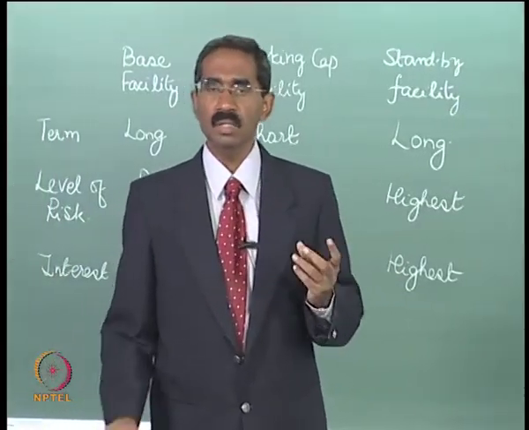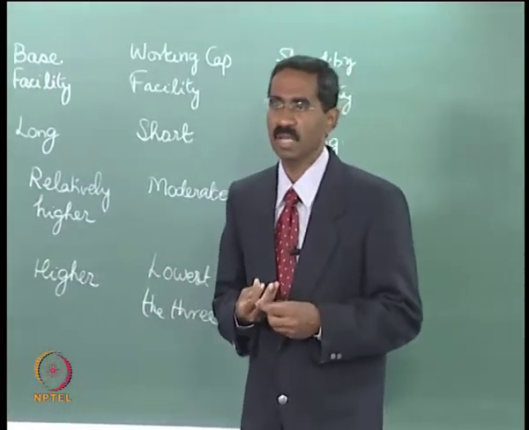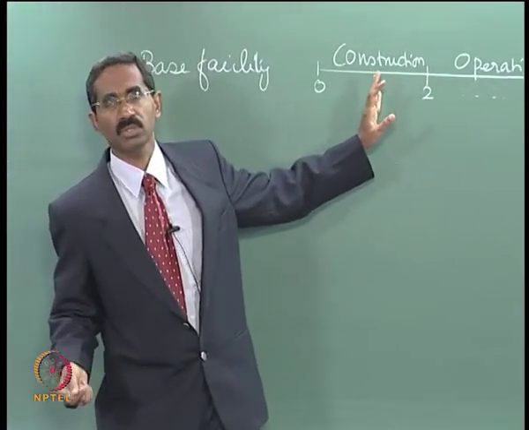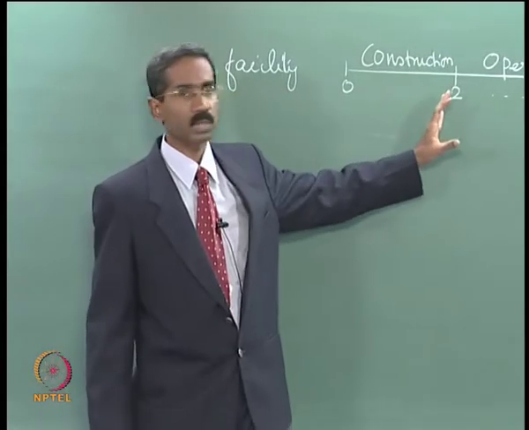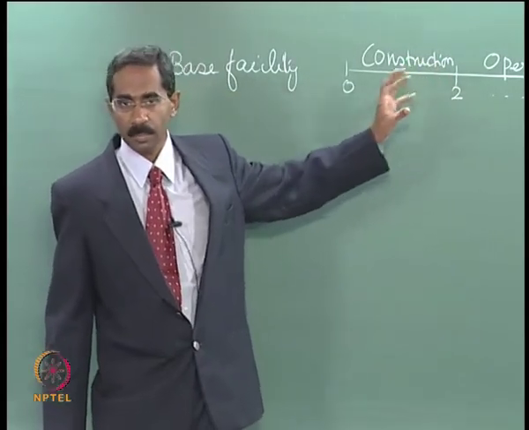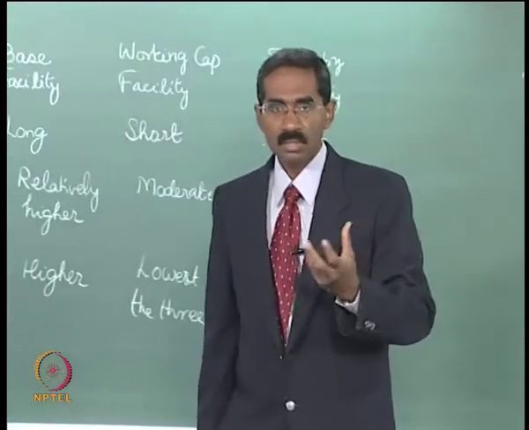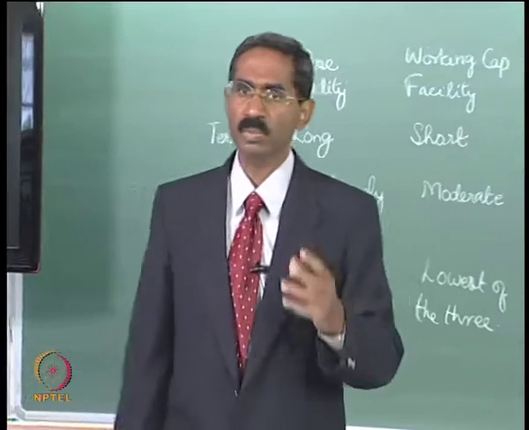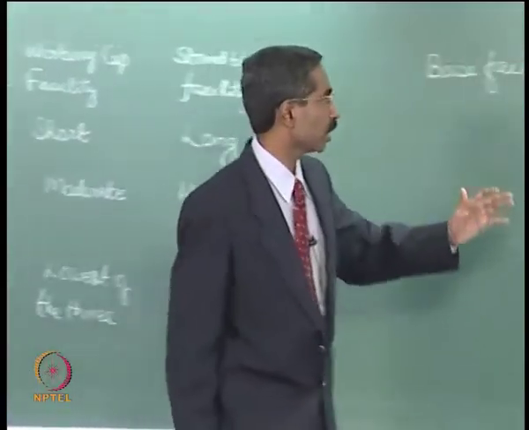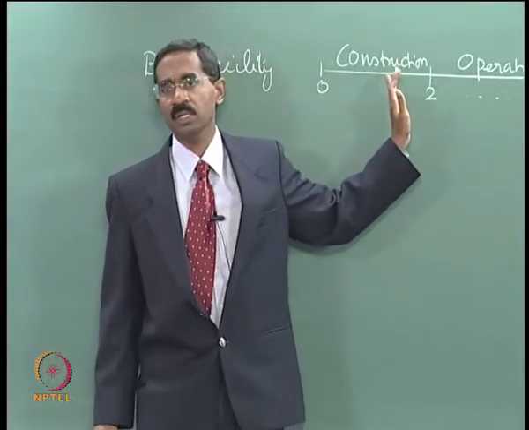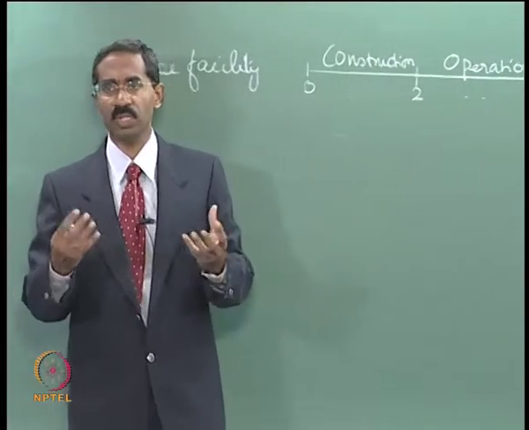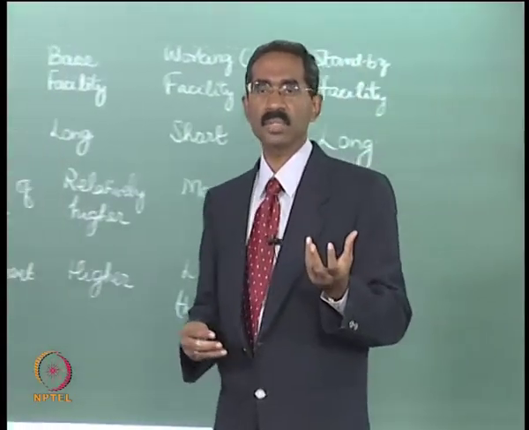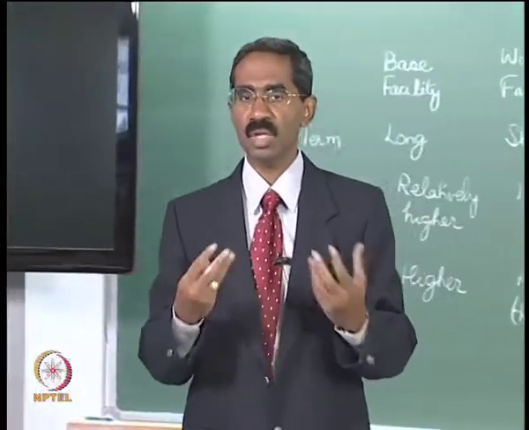But an important part of the project life cycle is, during the construction phase the project does not get any revenues; revenues start accruing only when the project begins operations. In a base facility the loan is serviced using the project cash flows. Now when the project does not have any cash flows during the construction phase, how can the interest be paid? The project is unable to pay the interest during the construction phase, but at the same time, since the project has withdrawn a loan, you will have to start paying interest.